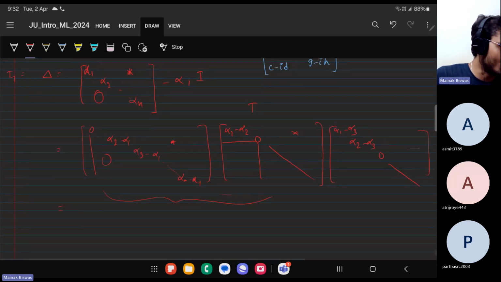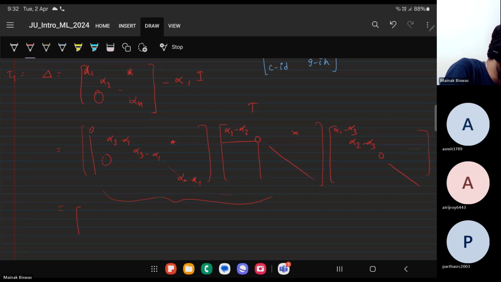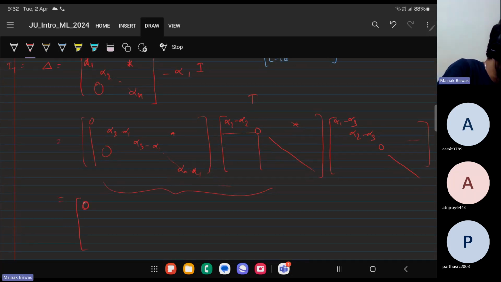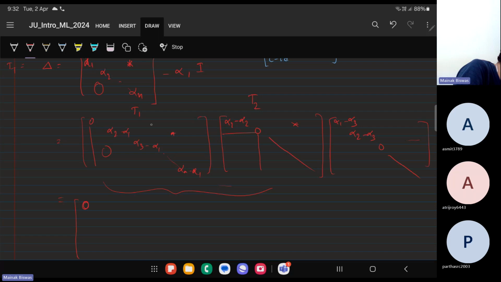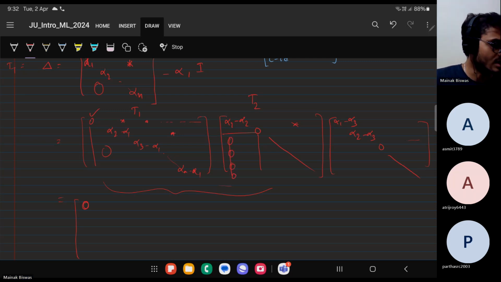Tell me what would be the value of the first element in this? Do you agree it will be 0? Like the first element, if I multiply T1 and T2, is it okay? Yes or no? Yes, it is 0, because this is 0 and you have a lot of star elements over here, but these are all zeros. Correct?